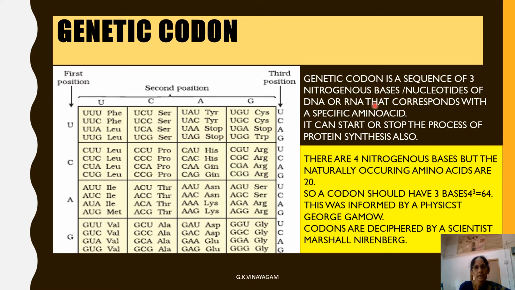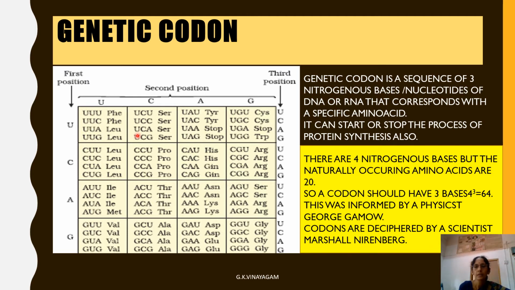Try to understand here. A genetic codon is a sequence of how many bases? 3 nitrogenous bases. And the sequence of 3 nitrogenous bases in a DNA or in an RNA codes for a specific amino acid. That is what is called a genetic codon.